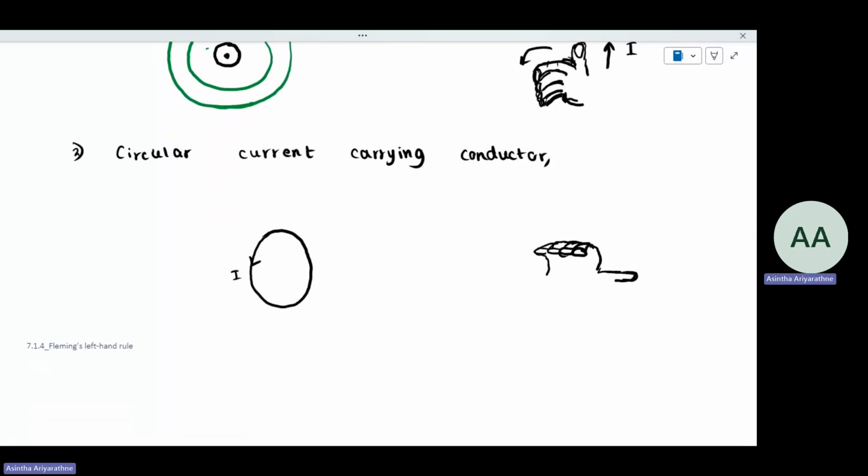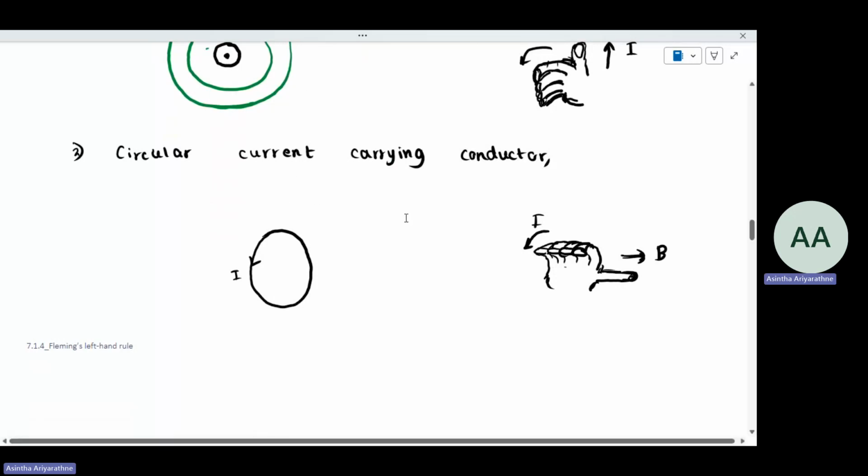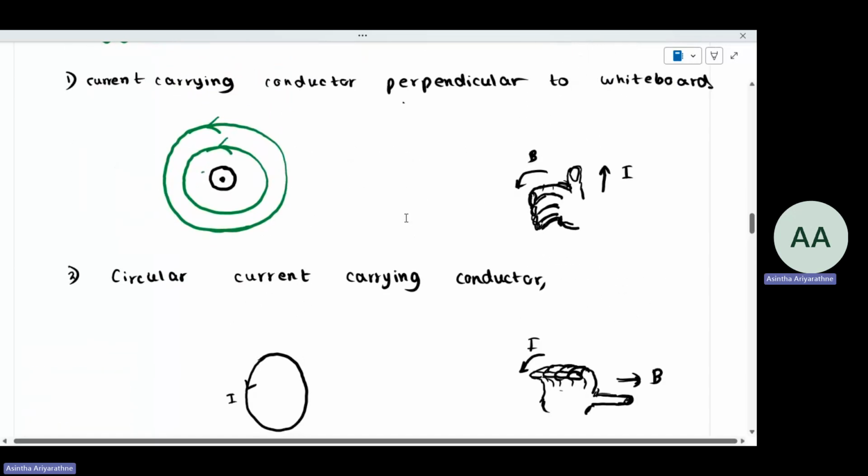Here this is the direction of current, so the thumb would be pointed toward the direction of the magnetic field. So interchangeably you can use it, accordingly.